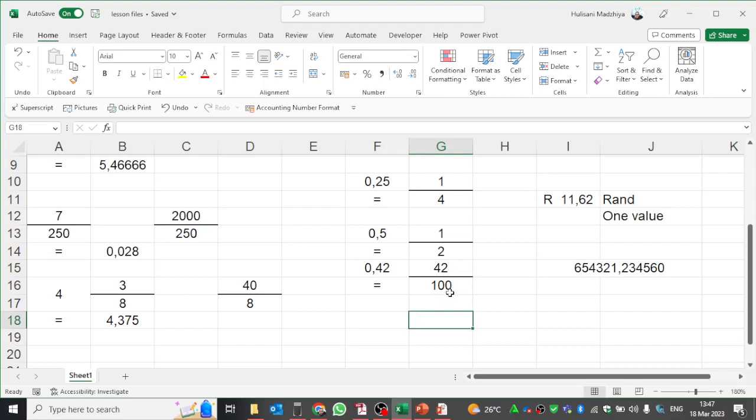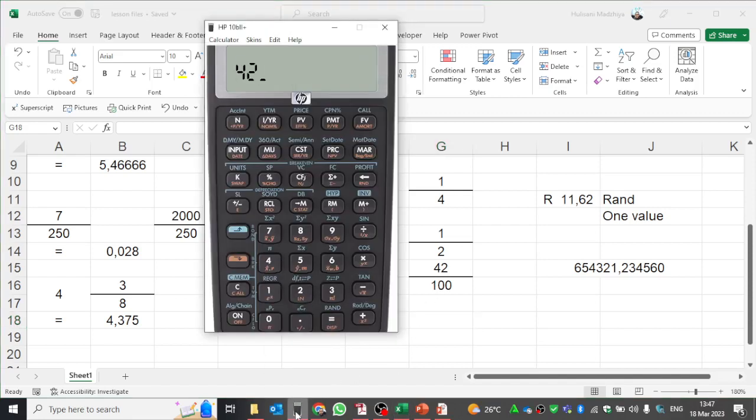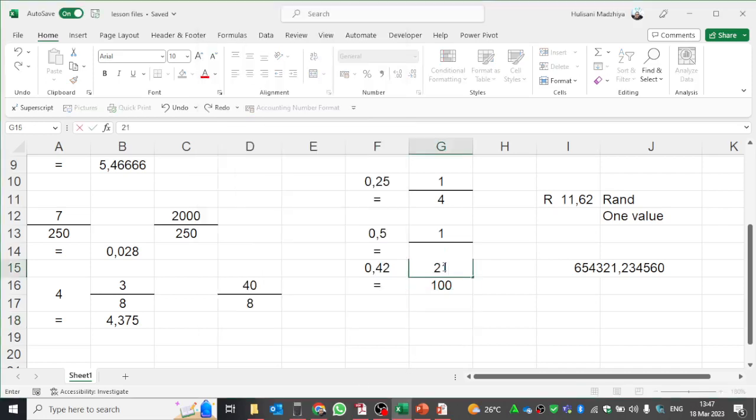Let's start by dividing everything by 2. So 42 divided by 2 gives us 21, and here we're going to have 50.